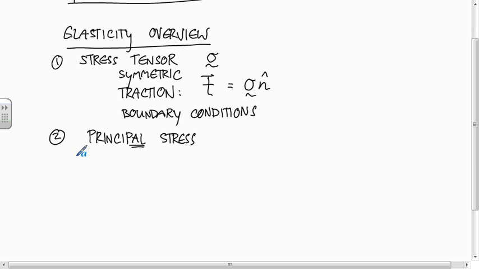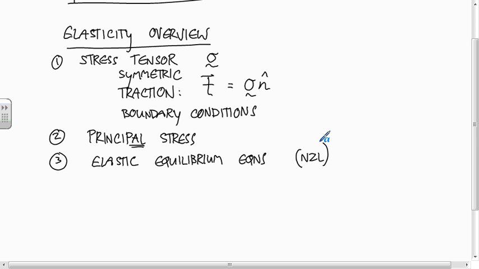Then we're going to talk about the elastic equilibrium equations. These come from Newton's second law. And for those of you who've taken mechanics of materials, deformable bodies, we never saw the full elastic equations because they're a mess.